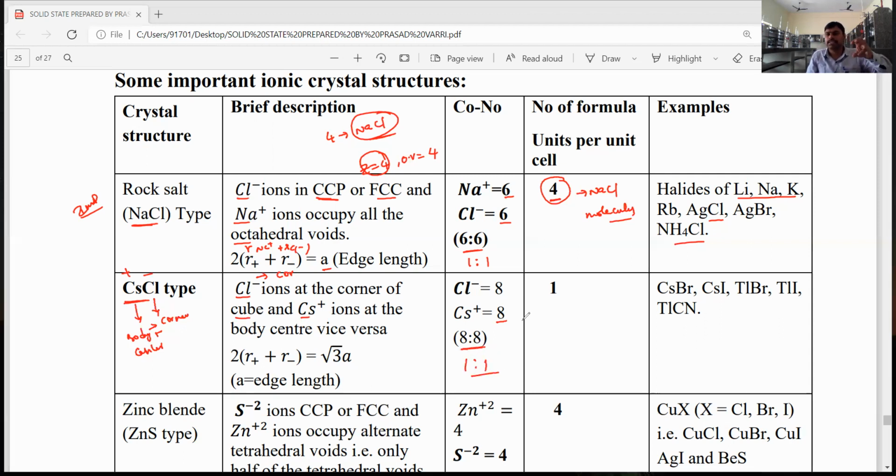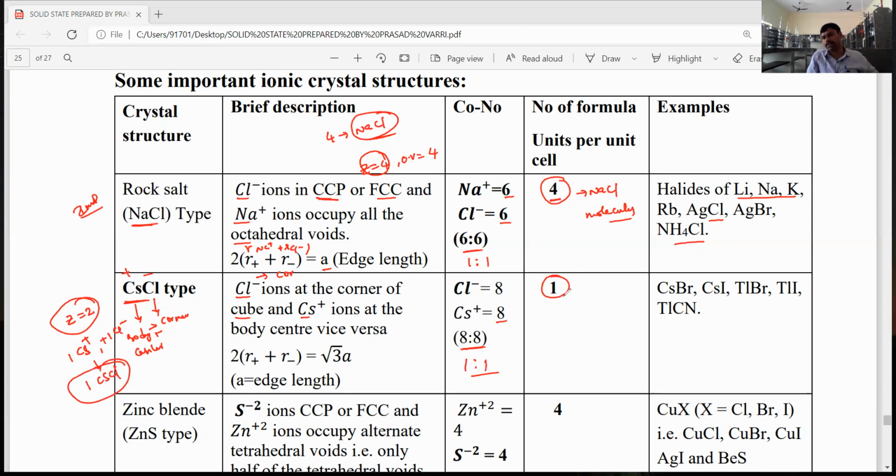And how many cesium chloride formula units are present? Here the Z value is 2. BCC, Z equal to 2, means they contain 1 Cs+ and 1 Cl- ion, which equals 1 cesium chloride molecule.